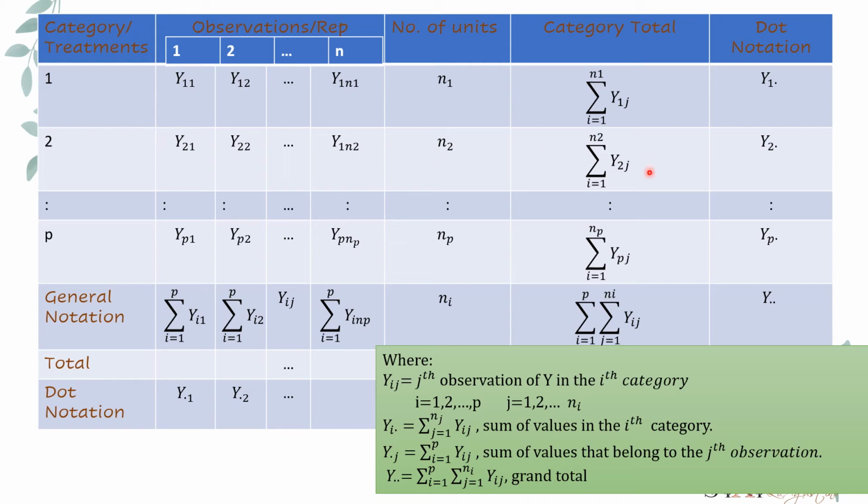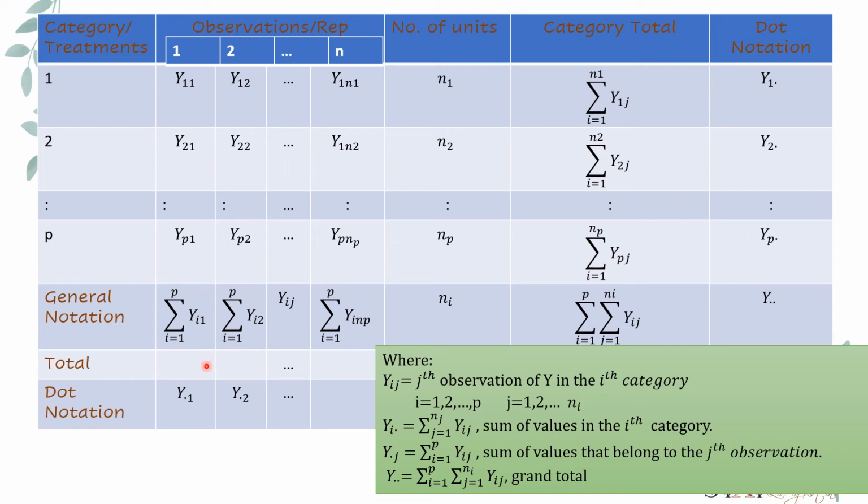Same thing here: the summation of y2j, where j ranges from 1 to n2. The upper limit is n2 to signify the sample size of category 2. Using the dot notation, y2 dot, the 2 is fixed, so I have 1, 2, 3, 4, 5 until n2 observations.